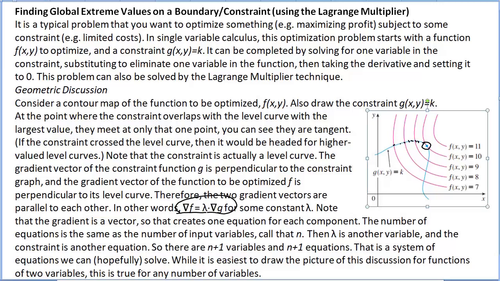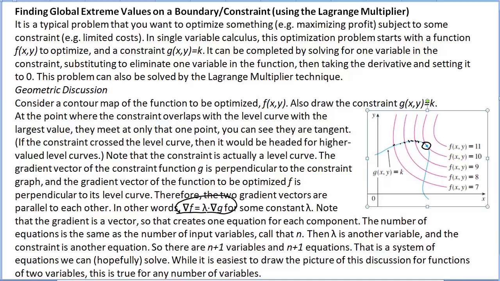So altogether, we've got n plus 1 variables. However, the constraint, g of x, y equals k, is another equation. So put it all together, we wind up with n plus 1 variables and n plus 1 equations. And that is something that we can solve, hopefully.